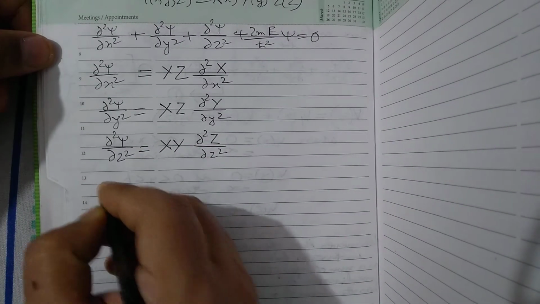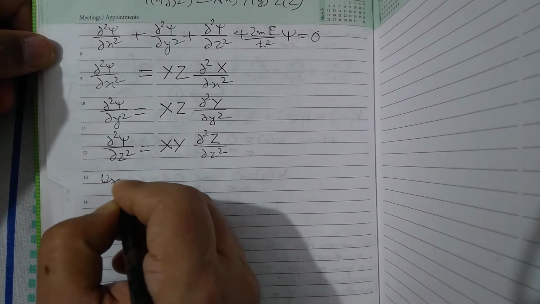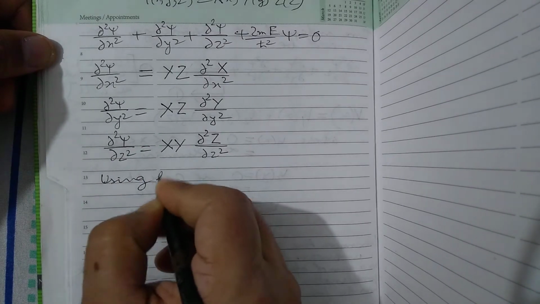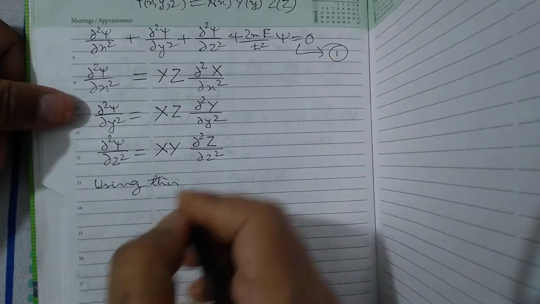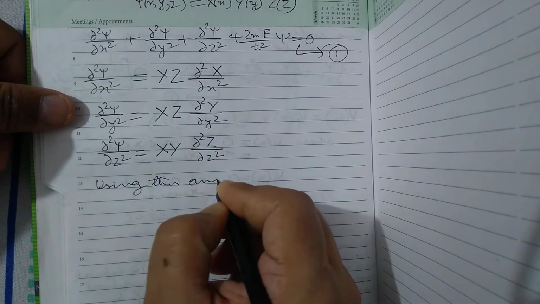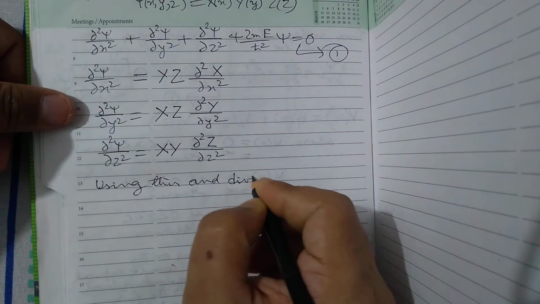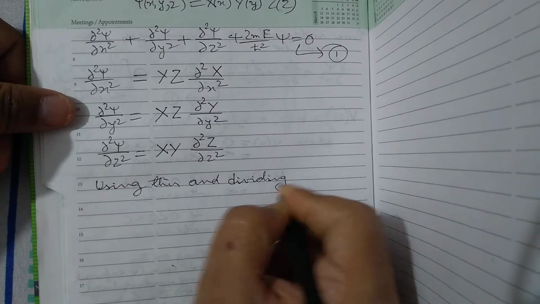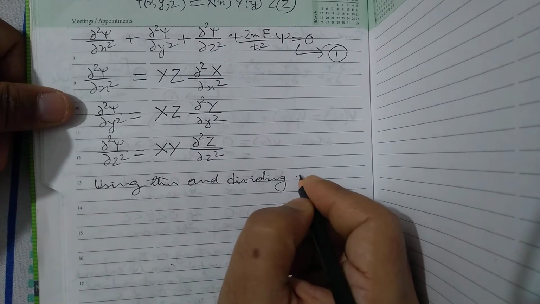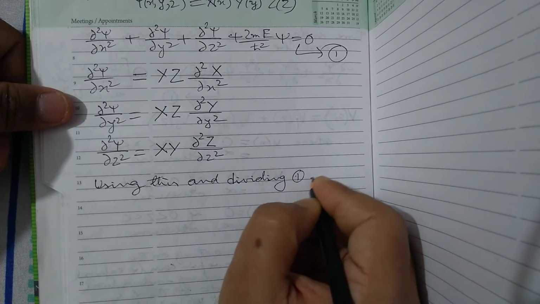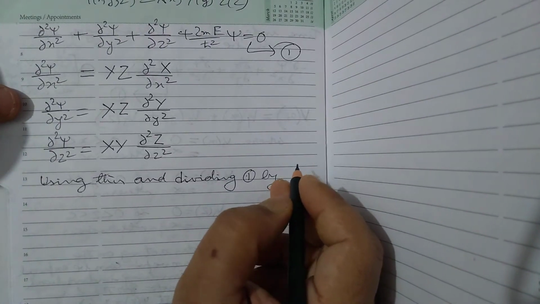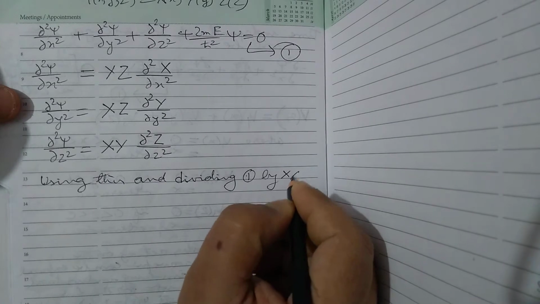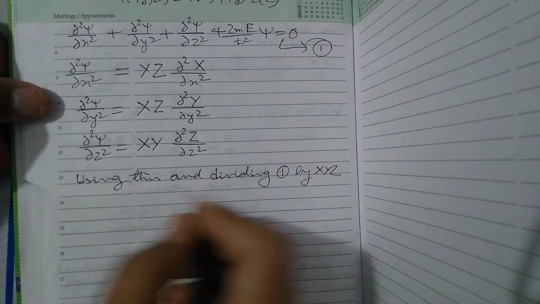Using this, this is equation number 1, and dividing both sides of 1 by X, Y and Z, what do we get?